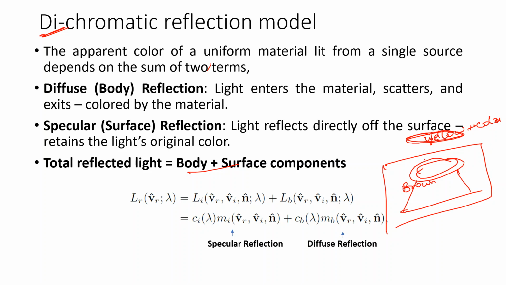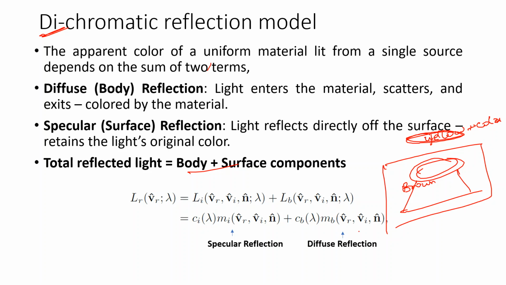Assume if the light is off, the table will be very dark. Only if the light is available, in the night time, we get the light color as well as the table color. So we have dichromatic, di means two. It is a combination of both body color as well as surface color.